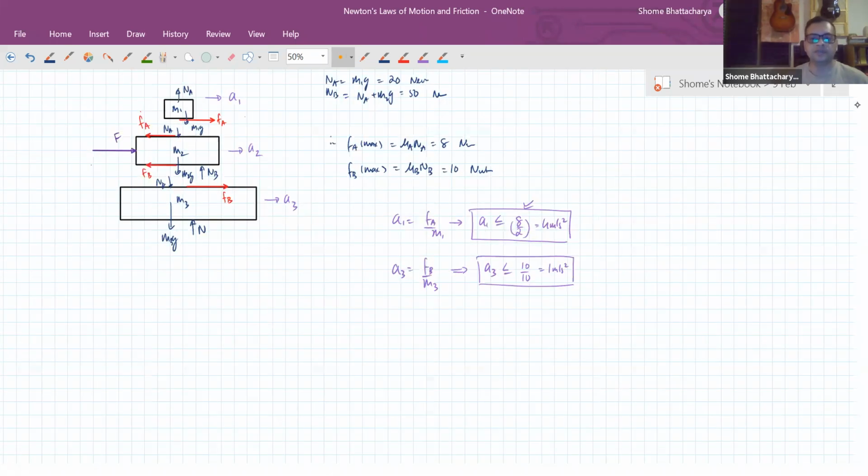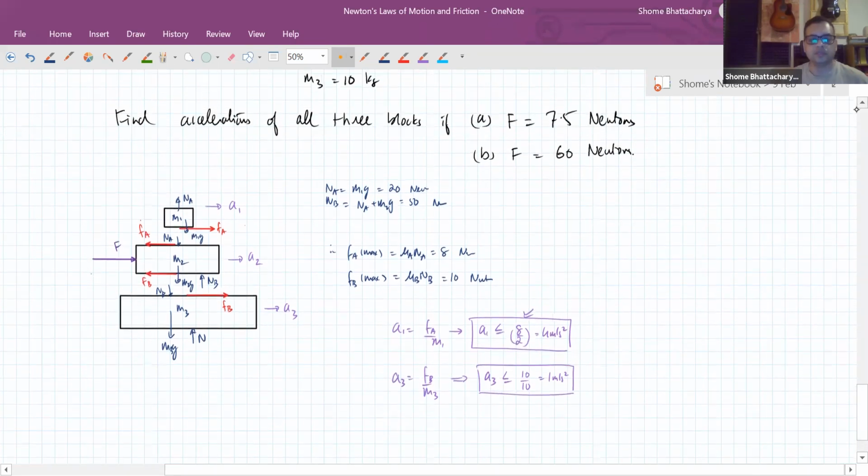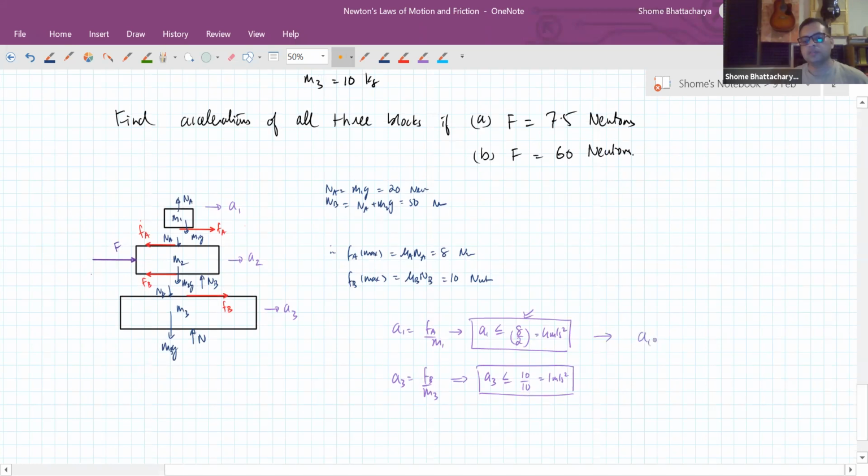So once again, if you just go through this once before we proceed next. A1's maximum possible value is 4 meters per second square. Similarly, A3's maximum possible value is 1 meter per second square. Because remember, here we have used the values given to us.